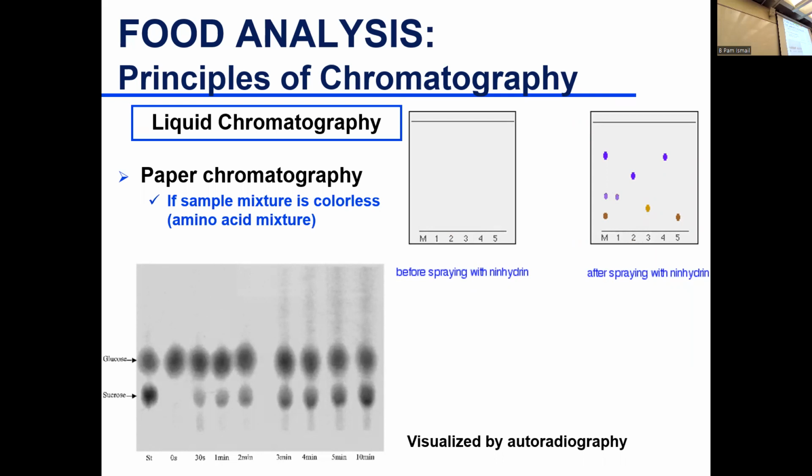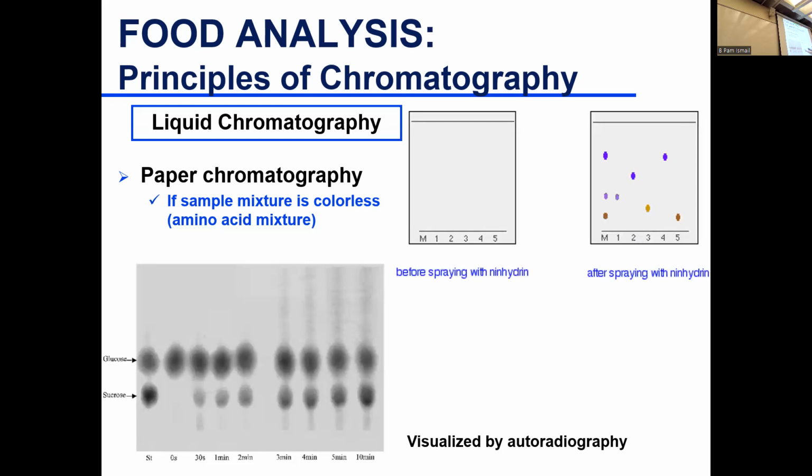In the amino acid separation, ninhydrin is the reagent that you spray after separation. Once your solvent reaches a certain point near the top, you take that paper out. You won't see the components visually, so you spray with the reagent that interacts with amino acids and gives you a colored compound, which you can see.